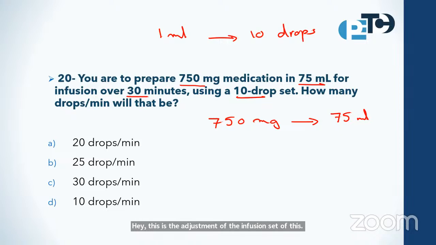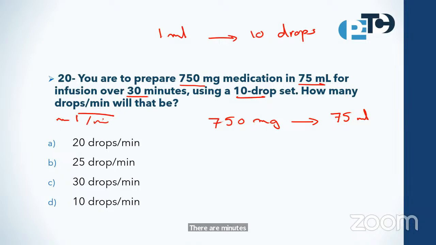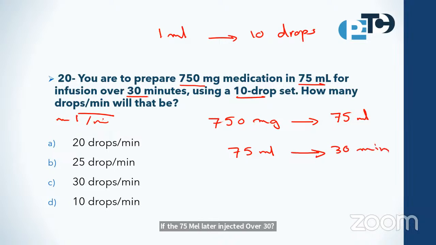How many drops will be injected? Here we need to calculate the number of drops per minute. To do that, we need to know the number of milliliters per minute. The 75 milliliters are injected over 30 minutes. For 1 minute, how many milliliters are injected?